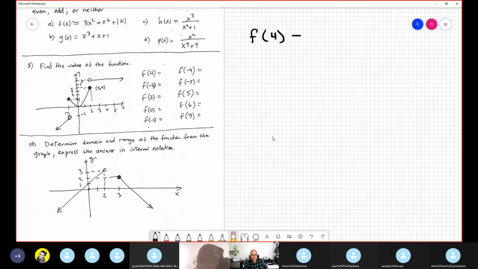Remember, 4 is the x value, corresponding with domain. I am trying to find 4 on the x-axis. Here, this is 4. Boom. My goal is to find the y value associated with this. In order to find the y value, you go to the graph.